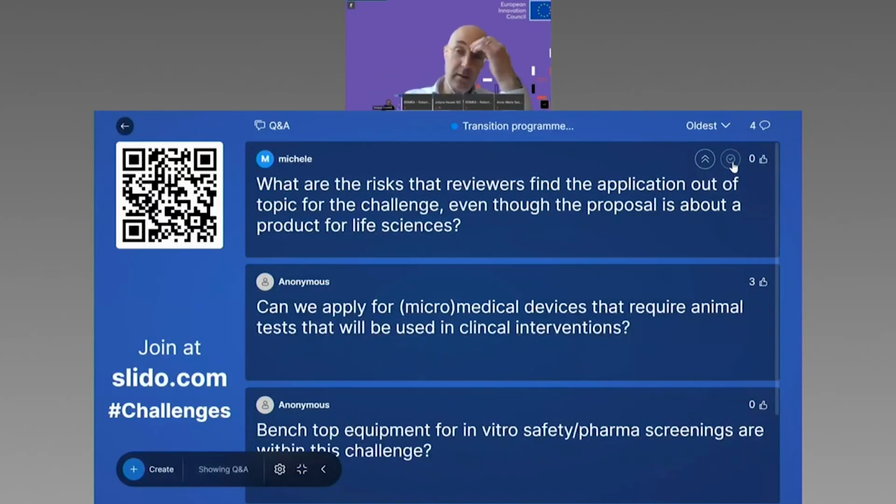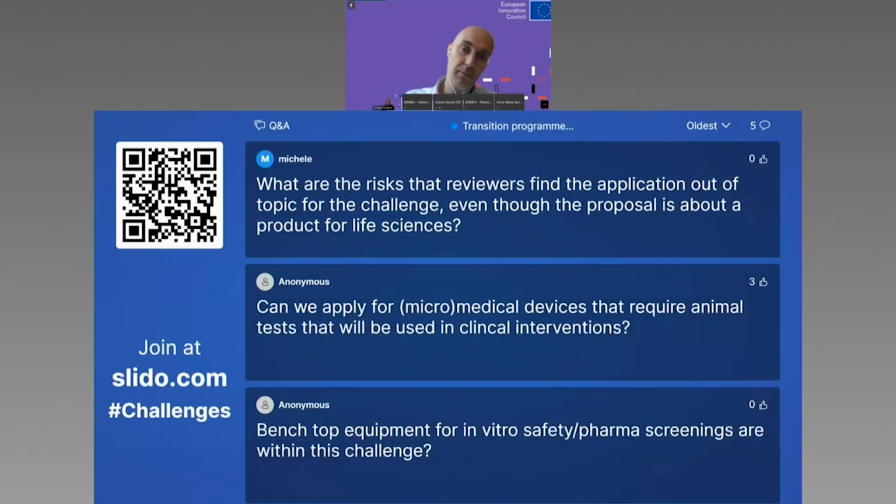Yeah, I think maybe it's the fact that there is a certain doubt about where to submit, whether in the EIC Transition Open or the EIC Transition Challenge.